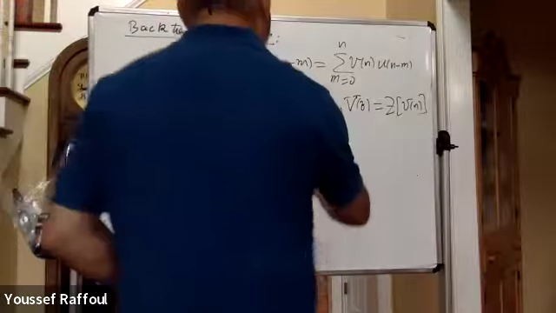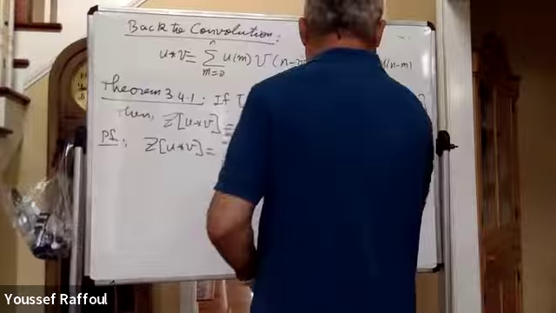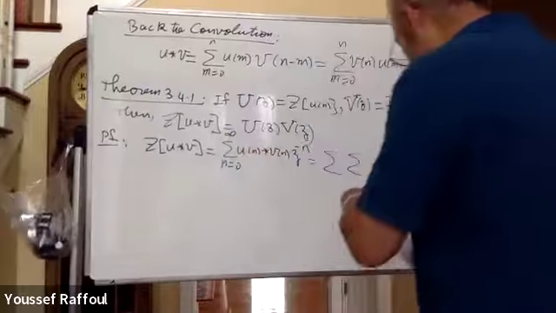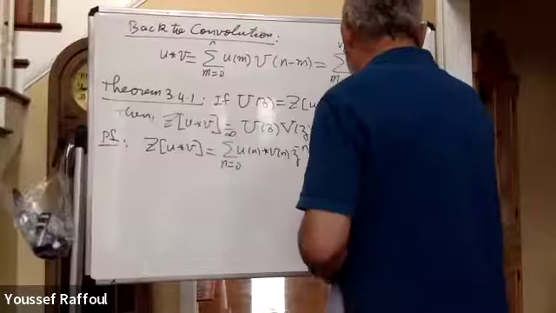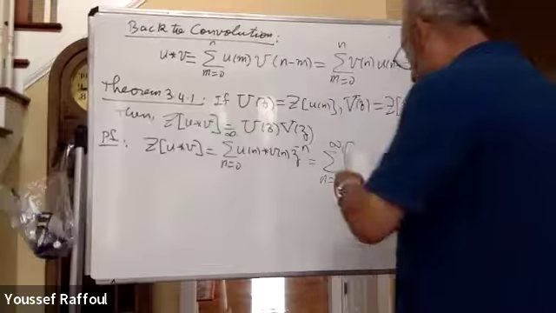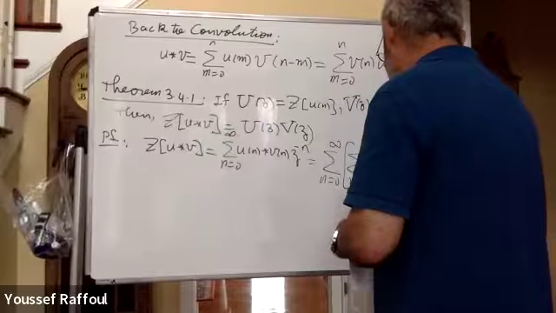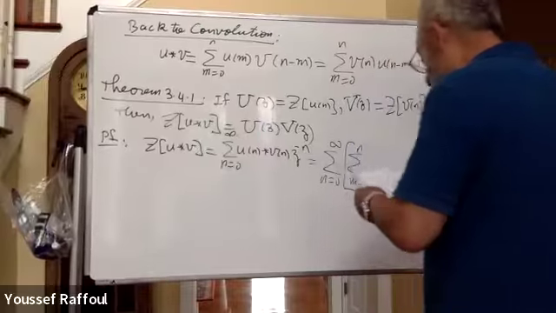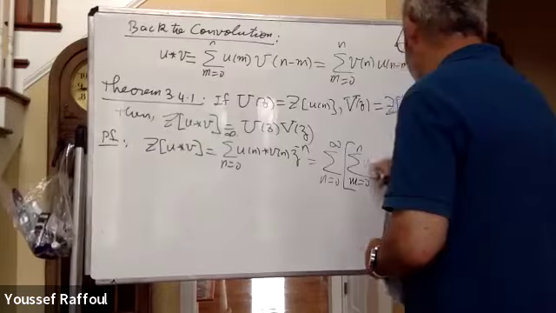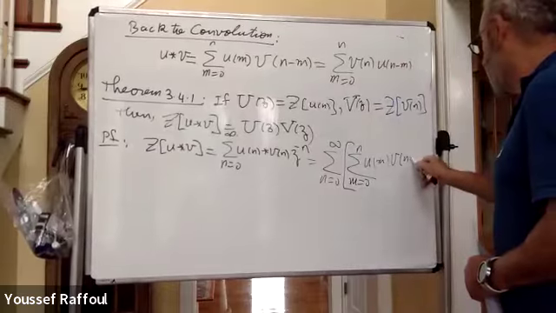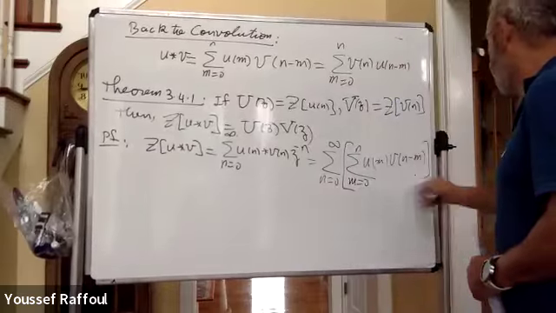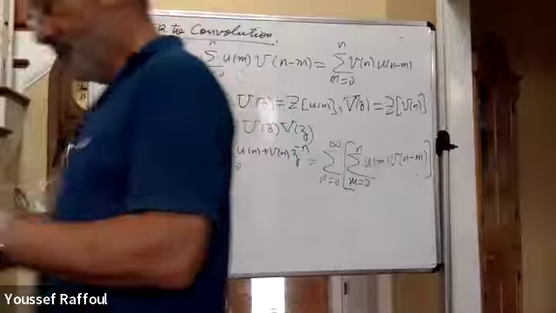Okay, but this is the same as the sum from n equals 0 to infinity, and this is the sum from m equals 0 to n of u_m v_(n-m).